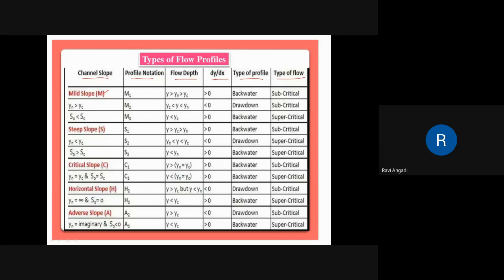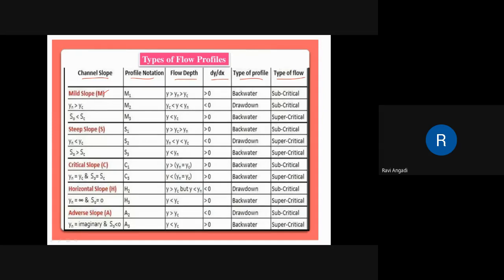If it is M1, what does M1 mean? Mild slope in zone 1. As it is a mild slope, but in zone 1, the condition is that Y should be greater than Yn and also greater than Yc.